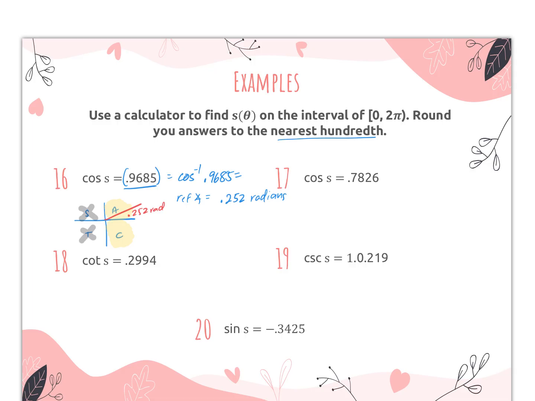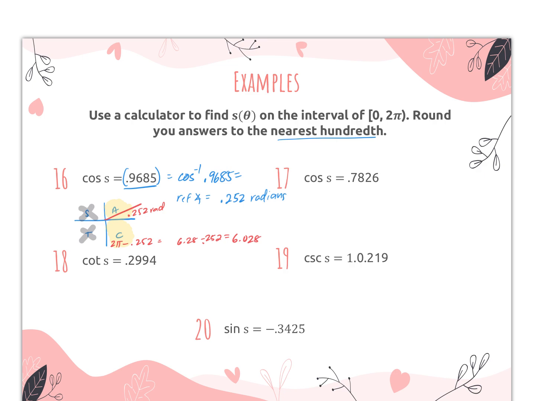And then I'm going to use that reference angle in quadrant 4, which I know is 2 pi minus 0.252 radians. So I can come to my calculator and just do 6.28 minus 0.252, and I'm going to get 6.028.